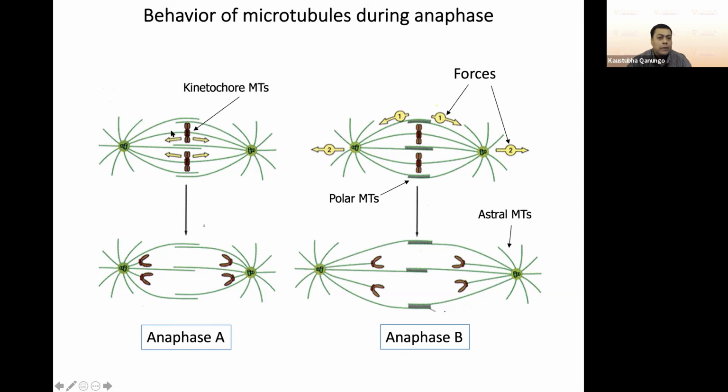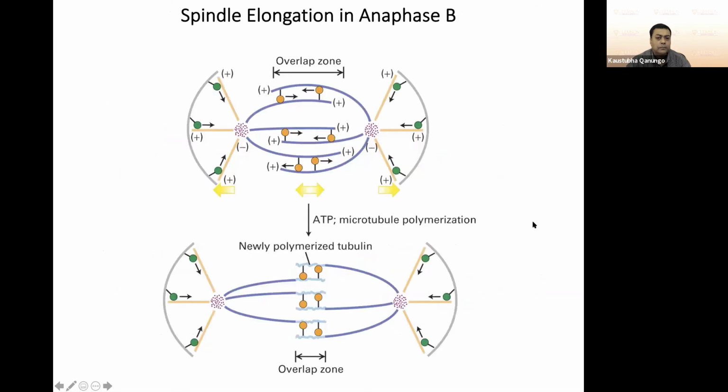One important part is that at this time, these kinetochore microtubules are shrinking, pulling the chromosomes towards the spindle poles, whereas here you can see the polar microtubules, which are overlapping, are pushing each other. That increases the distance between the poles, and that will elongate the cell as well as the spindle fiber. So that's the concept.